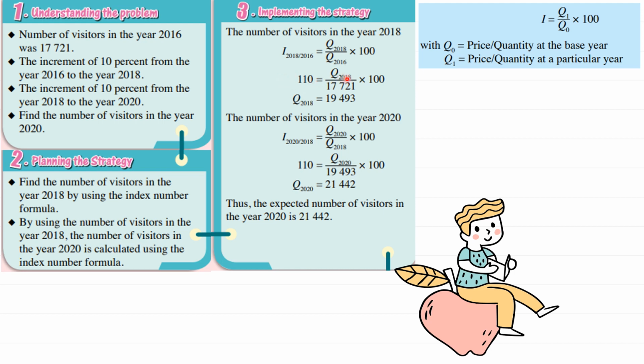So you are going to find the quantity of visitors for 2018 divided by the quantity of visitors for 2016, already given in the question, which is 17,721, times 100.